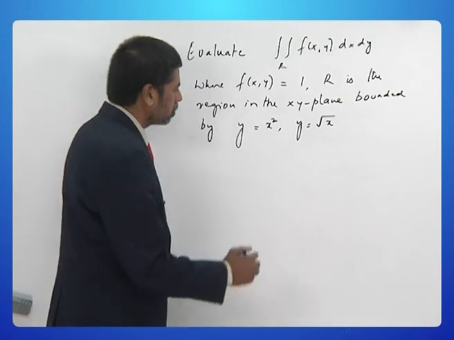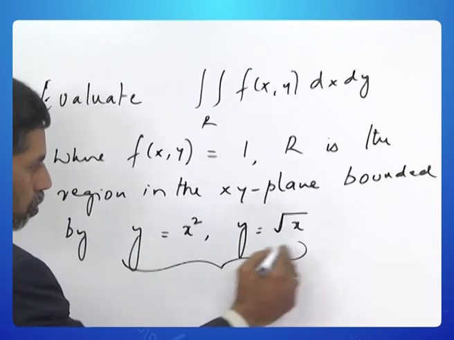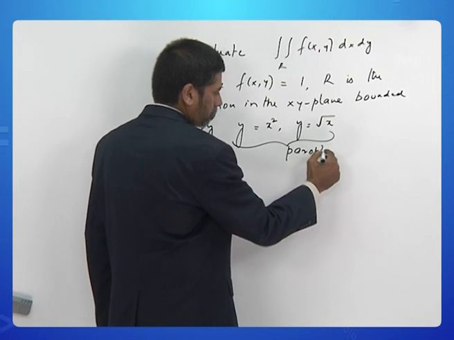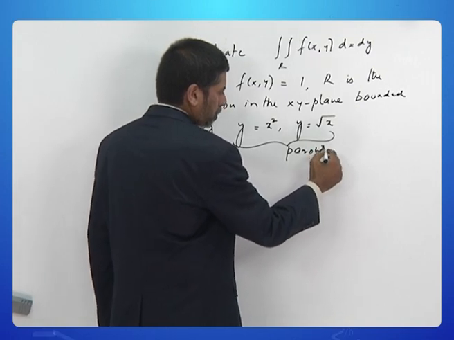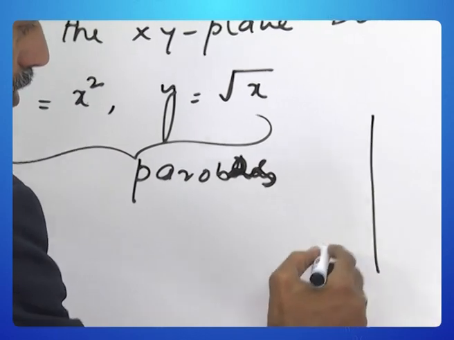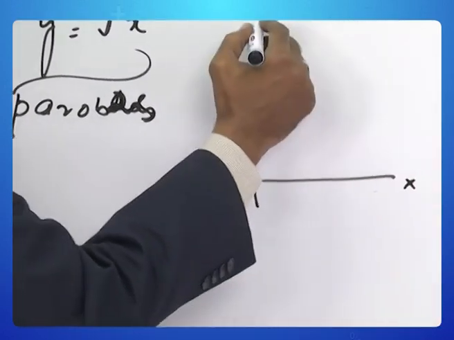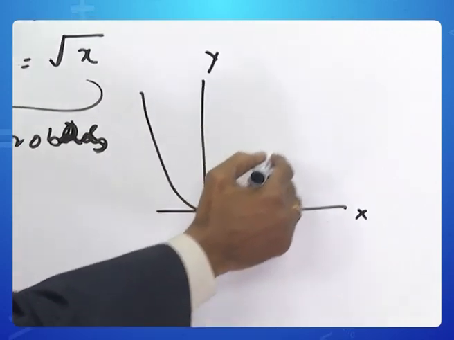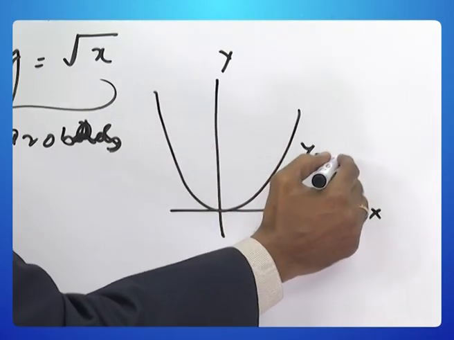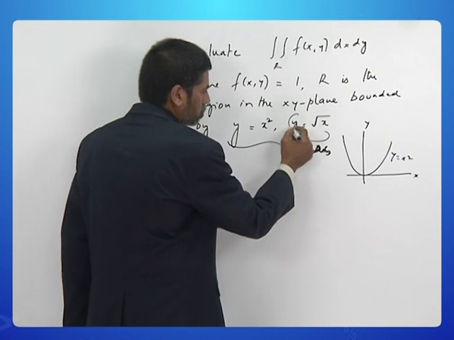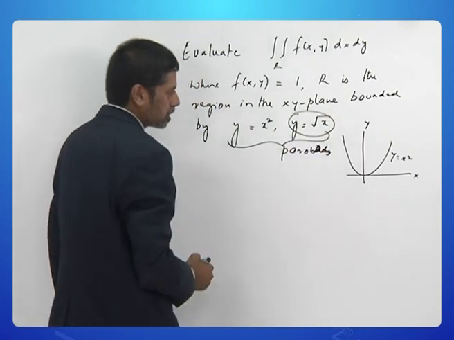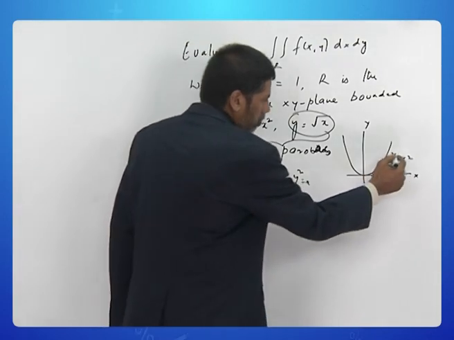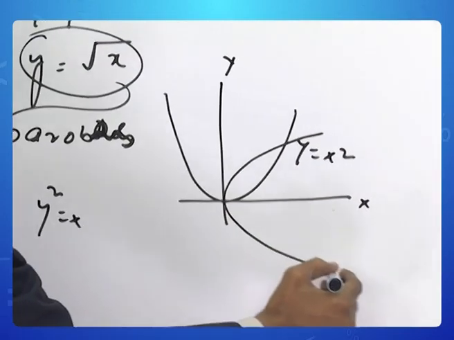Here both are parabolas. We can draw a simple diagram. y is equal to x squared is this vertical parabola, and y is equal to root x is the same as y square is equal to x, so it will be a horizontal parabola.